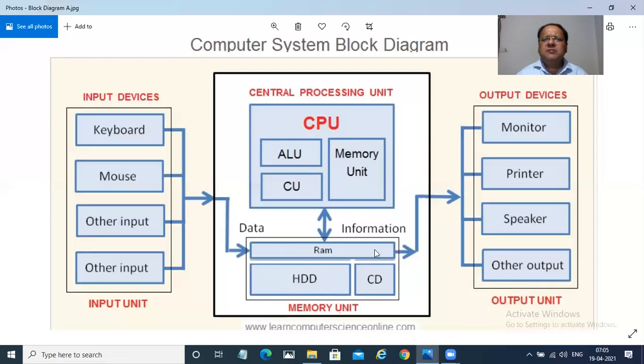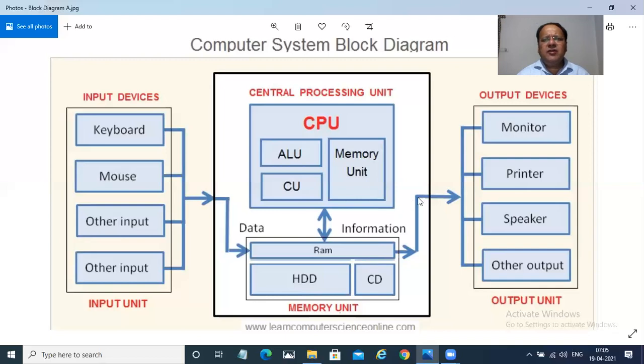Don't look at this block diagram and think that this is present within the memory. It is a part of the memory unit, but which memory unit? It is a part of the primary memory unit. And hard disk, CD, DVD, for that matter floppies, or even pen drives, these are part of the secondary memory units. I hope this is very clear, because this is very important for you.